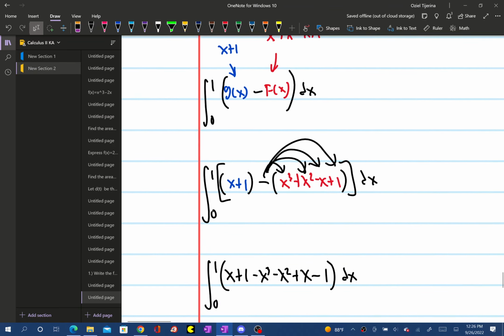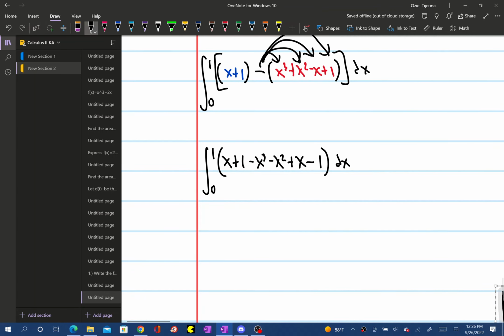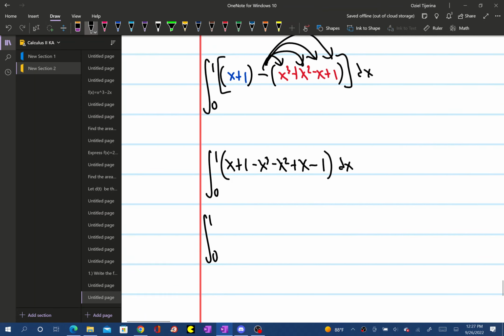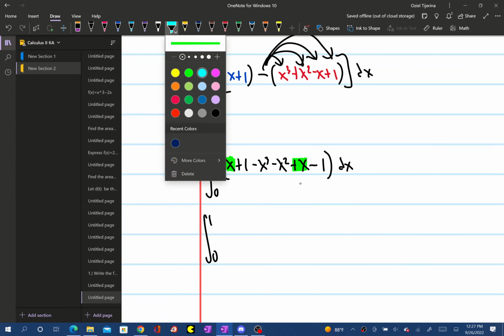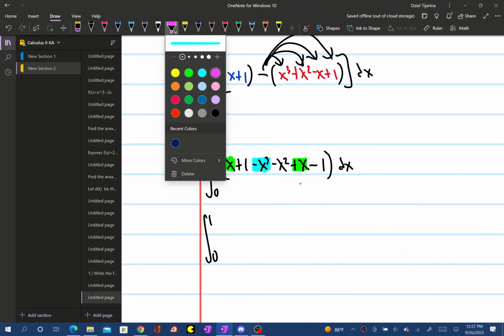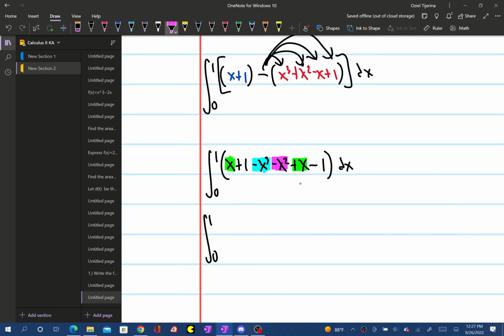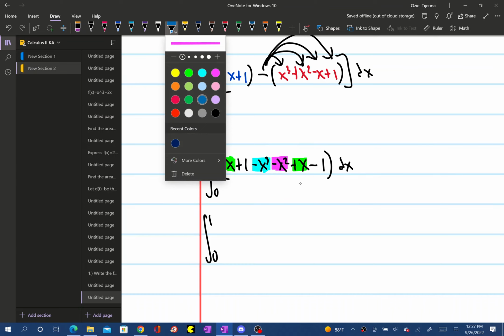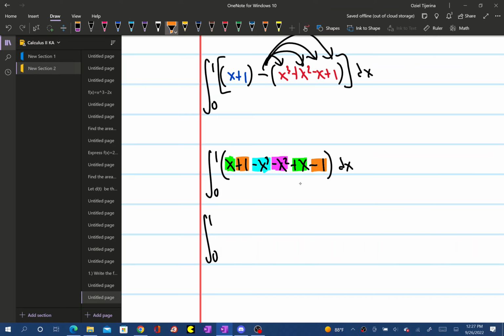So yeah, basically, this becomes the integral from 0 to 1, and it's going to be, so we have an x and an x, right? And then we have a negative x cubed, and then we also have a negative x squared, and we have a 1 and a negative 1.